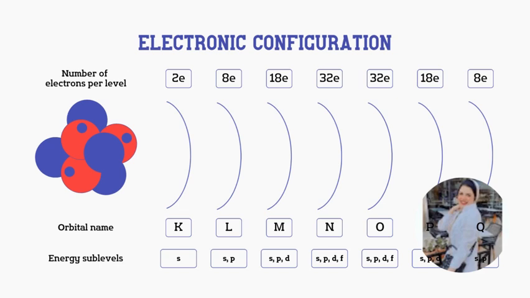So each energy level can hold a certain number of electrons. Okay, this is a fixed number. Each atom has seven energy levels. The first level, as I said before, is filled with two electrons, the second with eight electrons, and so on.